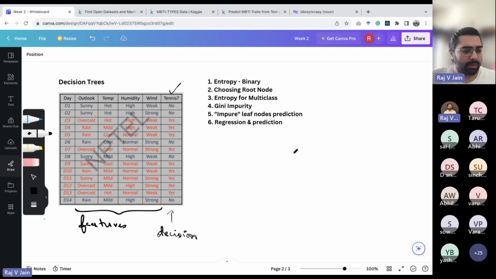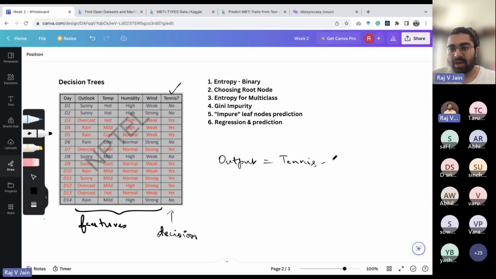Now, anyone want to tell me what entropy is for this particular data set as such? Any thoughts? So here the variable of interest, or the output in some sense, is tennis, right?